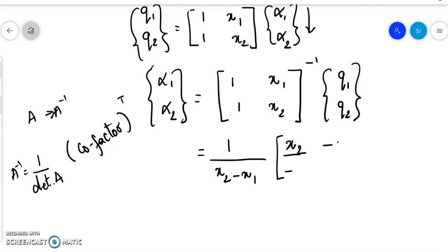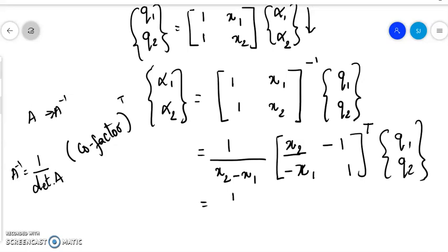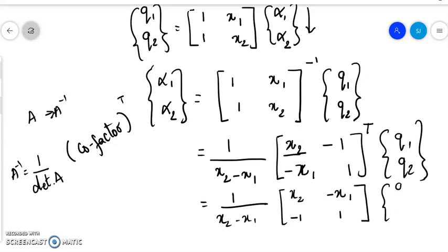So the cofactor of this place will be minus 1, and this place will be minus x1 and 1. So it has to be the transpose of this, times q1 q2, with x2 minus x1. Transpose is nothing but interchanging the rows and the columns.